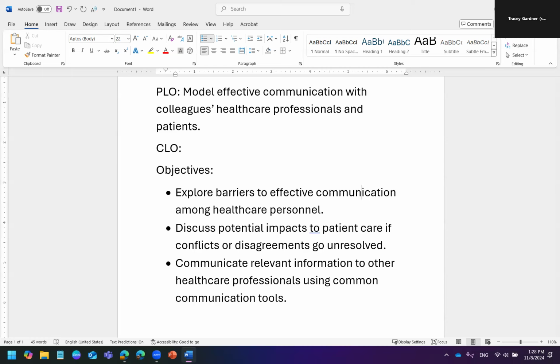We are not in front of the patients, but it can delay things if there's interpersonal conflict that slows things down, and then patients don't get treated as effectively.